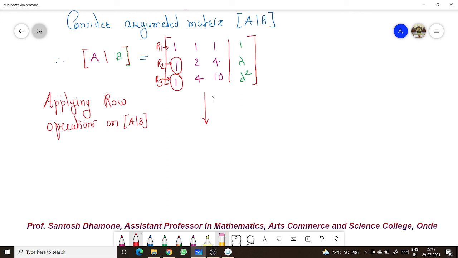Consider the last case, case third, an infinite solution. For an infinite solution, the rank of the augmented matrix AB is equal to the rank of matrix A, but it is less than n.